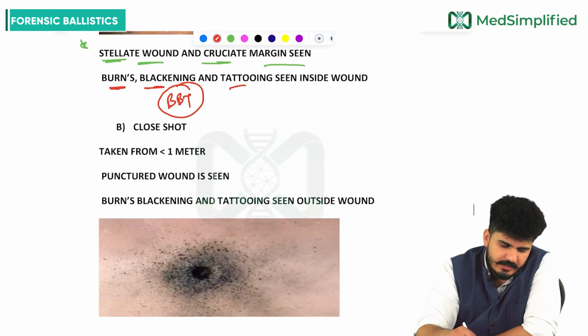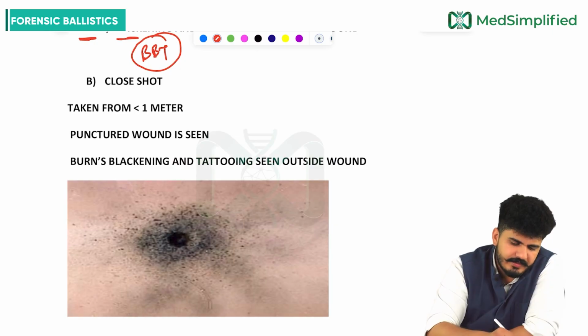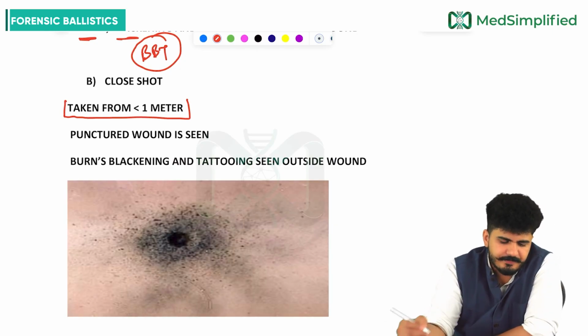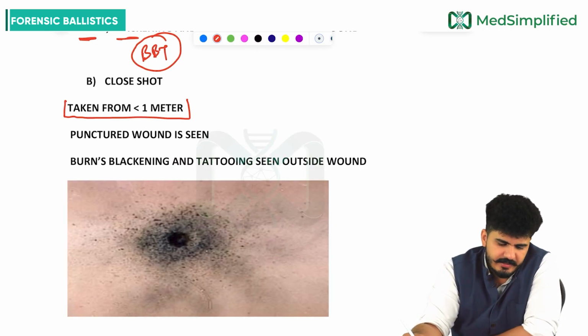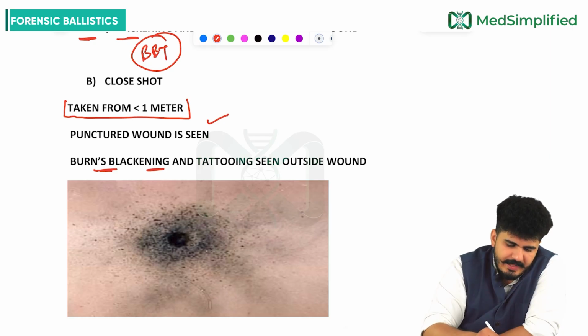Now we are coming to another shot, which is close shot. Close shot is taken from a distance of less than 1 meter. At a distance less than 1 meter, you will see a puncture wound. Plus you will see burning, blackening and tattooing outside the wound.